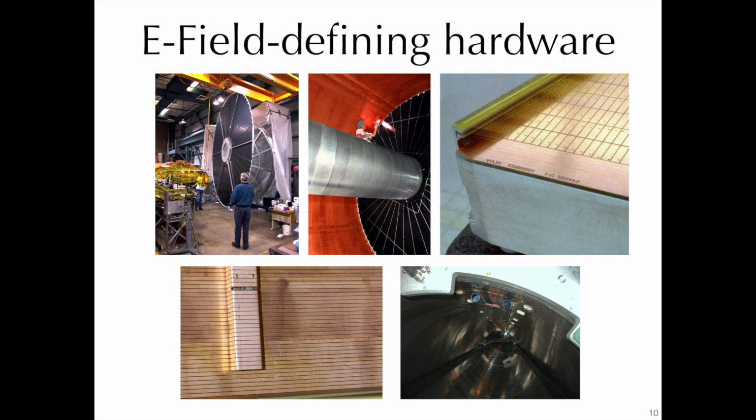And then also in the top middle picture, you can see the more silver-colored inner cylinder, which is, if I recall correctly, aluminum. I'm not quite 100% sure about that, but on it you can see the rings that define the inner field cage. The bottom right picture shows a view down the inside of the inner field cage where you can see the resistor chain, and that resistor chain is actually not in the gas volume of the TPC, but you can see some of the actual individual resistors there, I think, at the end.